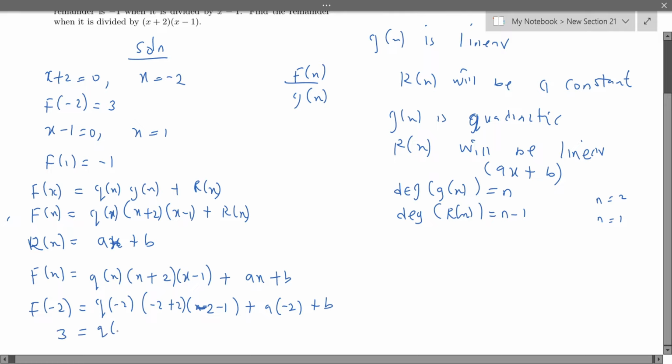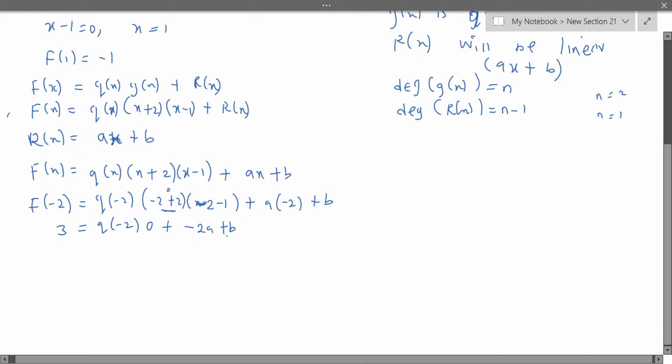We don't know what q of minus 2 is, so you leave it like that, but minus 2 plus 2 will give you 0. So 0 times anything there is 0, plus this gives you minus 2a plus b. So at the end of the day, you get 3 equals minus 2a plus b. You can name this equation 1.